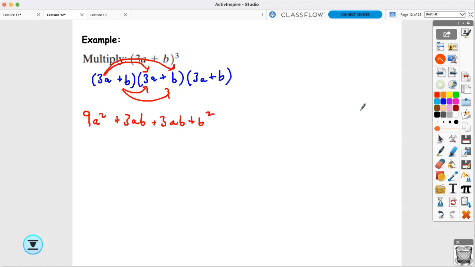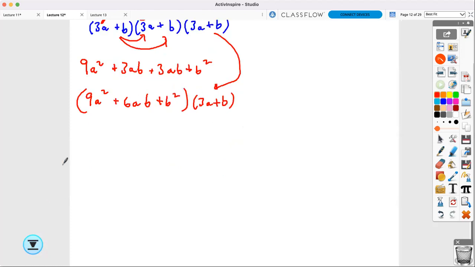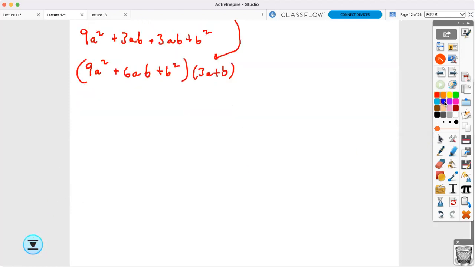So now, do we have any like terms here? Yes, we do. We have the 3ab's. So then we get 9a squared plus 6ab plus b squared, in parentheses, because that only gives us these two, we still need to multiply this third one here, 3a plus b. Now you can continue to use arrows for this next multiplication problem, but since I showed you the box method, I'm gonna go ahead and bring that back in here.